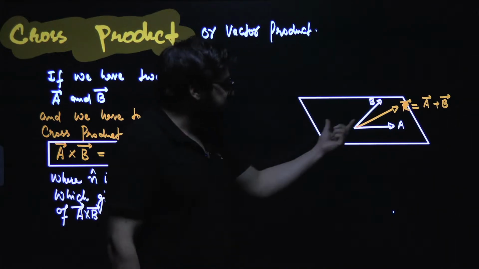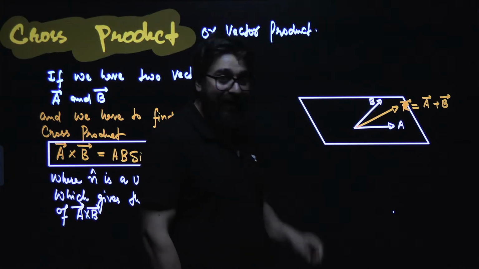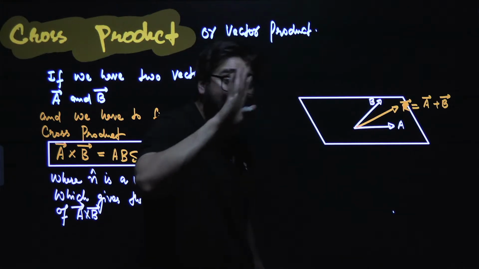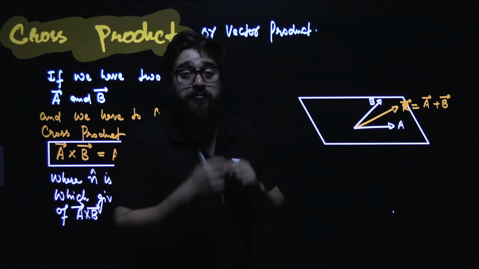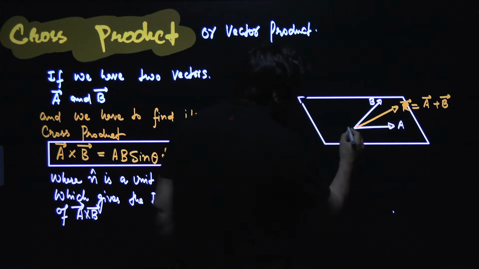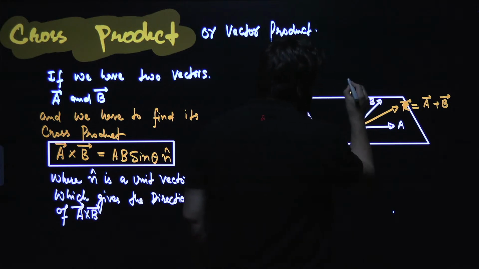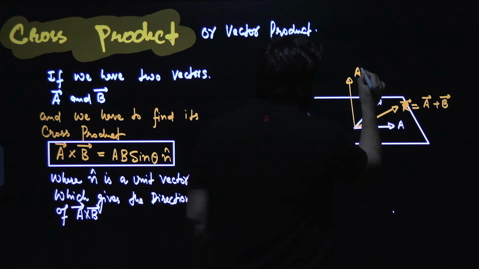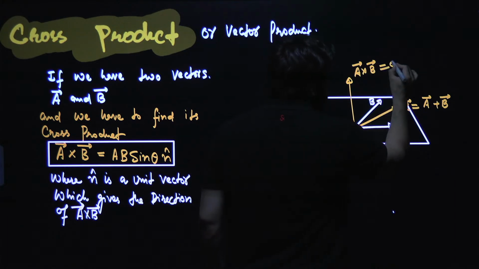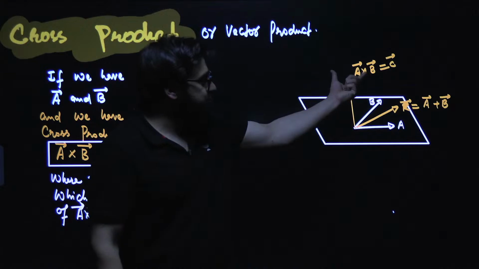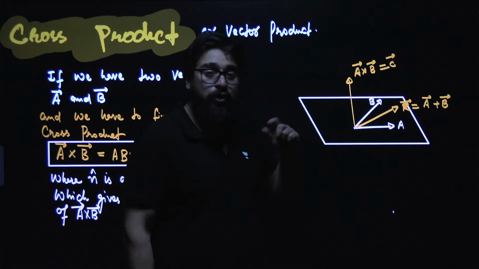But if I say you have got A vector, you have got B vector, and you have to find their cross product, you have to do the cross product. This will be A cross B, and this is vector C. So the cross product of two vectors is a vector quantity itself.